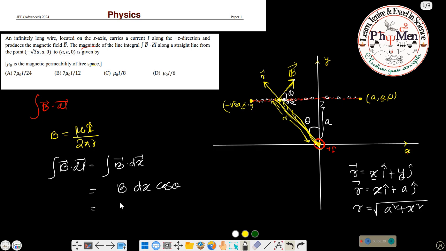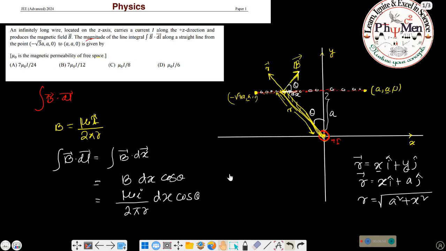So if we put the value of B as mu naught I by 2 pi r, times dx cos theta.